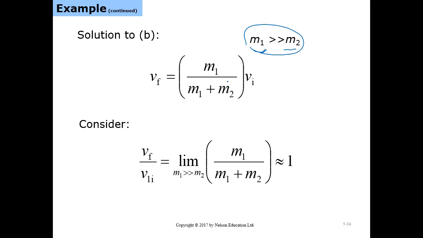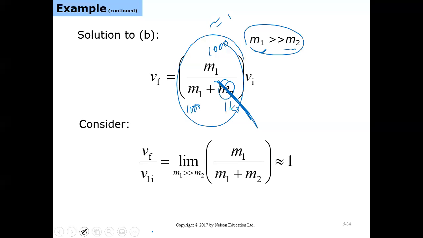Let's say this is 1,000 kilograms, and this is only 1 kilogram. This is still almost 1, right? 1,000 divided by 1,001 is still 1, because M2 is very small. We can just ignore M2 because its effect on M1 plus M2 is negligible.